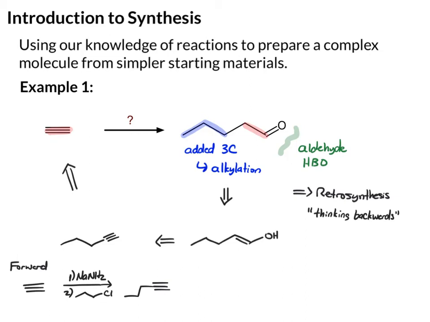Next, I need to do the hydroboration oxidation. When we do that, it gives us the enol, which is shown up here, and then that enol tautomerizes to the aldehyde.